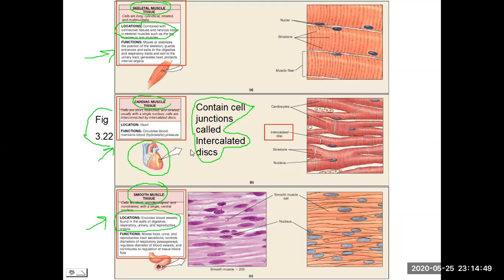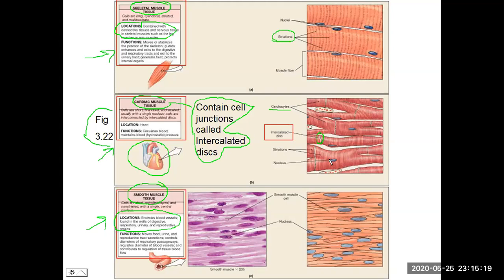So intercalated disc unique to cardiac muscle. And we can see it here on this figure. So this cellular connection between neighboring cardiocyte cells. And now using these figures as an example, we could discuss the appearance of the cells. So in skeletal muscle, we notice that we see the striping, known as striations.